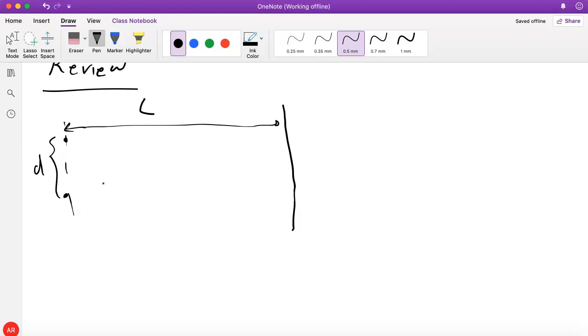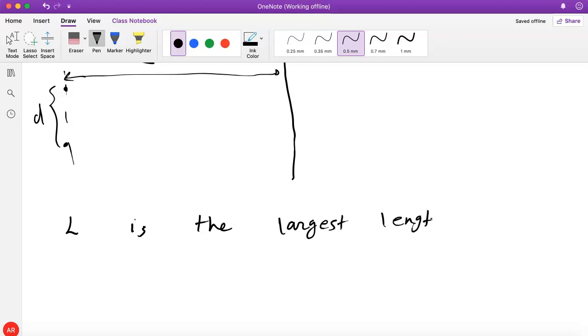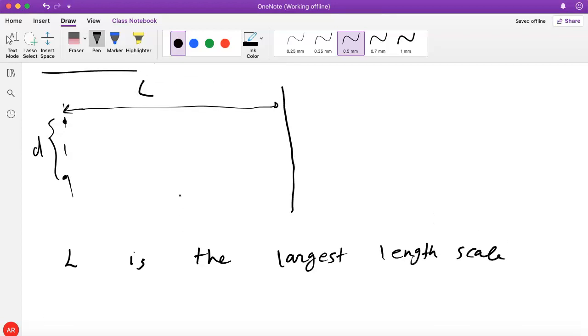So again, the approximation had two stages. So we had one approximation when L is the largest length scale. So L is really large.